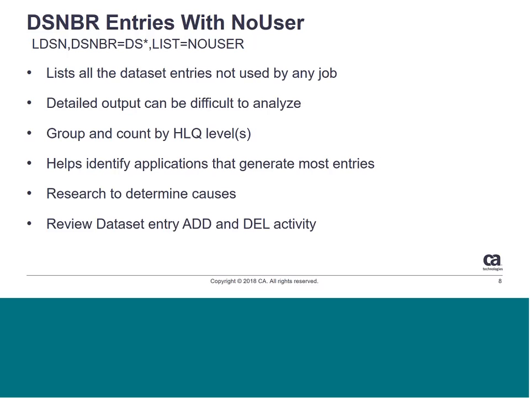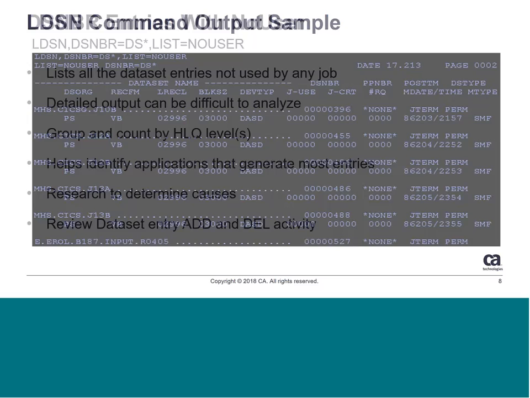So what it does is identify, hopefully, the high-level qualifiers or systems that have the most entries, and maybe those are the ones that you would address first. And also, maybe research to determine why they have so many dataset entries in your database. So review, add, and delete activity.